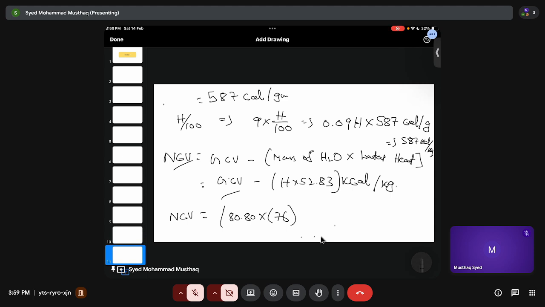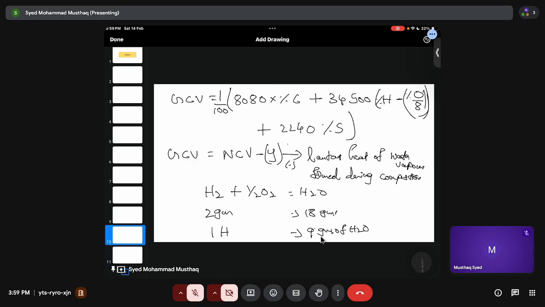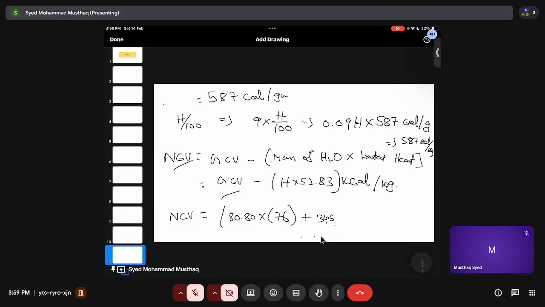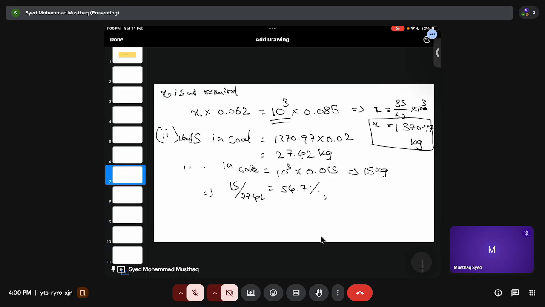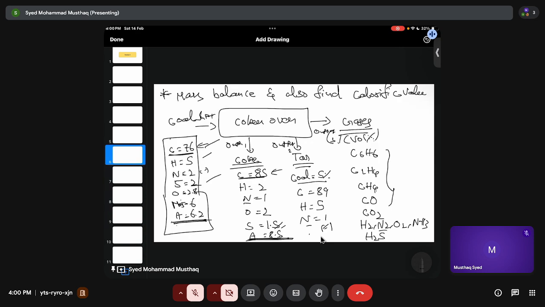Okay, now plus 345. We are dividing by 100, so two zeros will go away, times the amount of H that is present in coal, which is 5, and oxygen is 2.8.